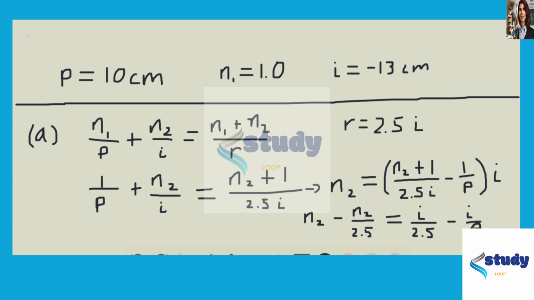So then we can go ahead and further solve for N2, because we're going to pull N2 out of the left side of the equation. So we end up with, and we'll go ahead and start a new page for this. So again, we're pulling N2 out of the left side of that equation.